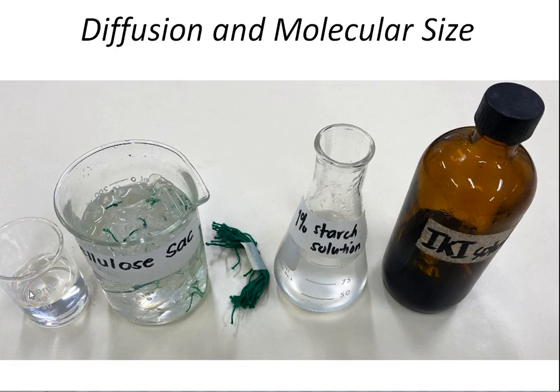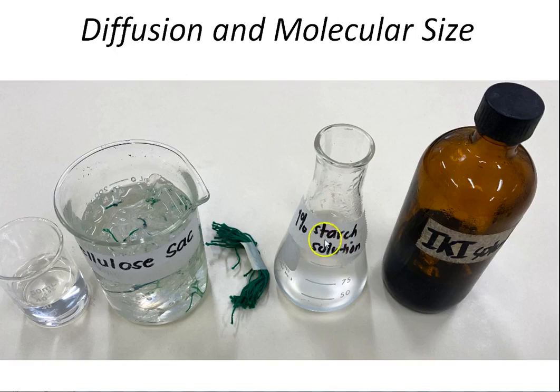Now we set this aside, and then we proceed with our cellulose sac. So we have here our cellulose sac that has already been placed in water to loosen it up. One end of the cellulose sac has already been tied with a string, and then we fill it up with 1% starch solution.